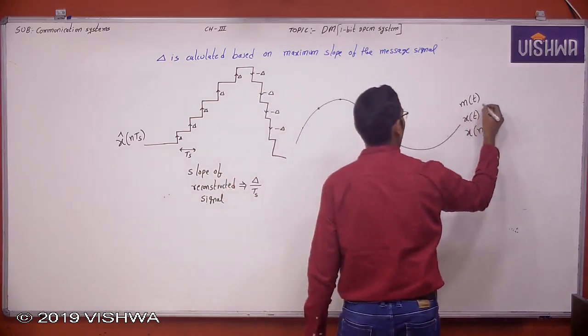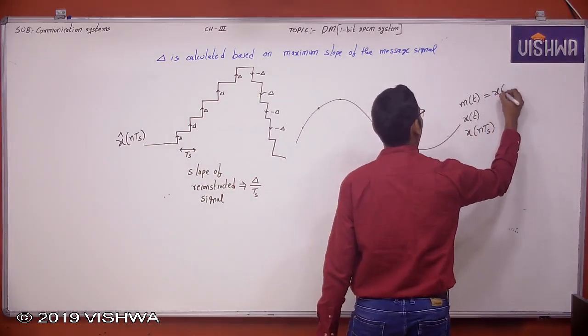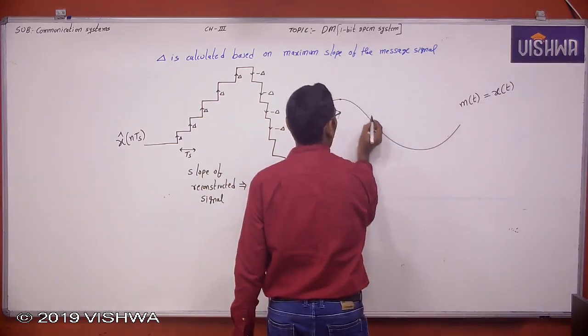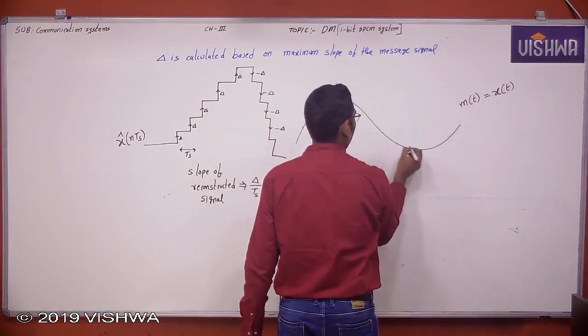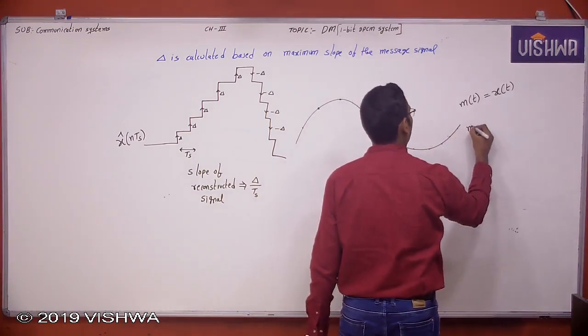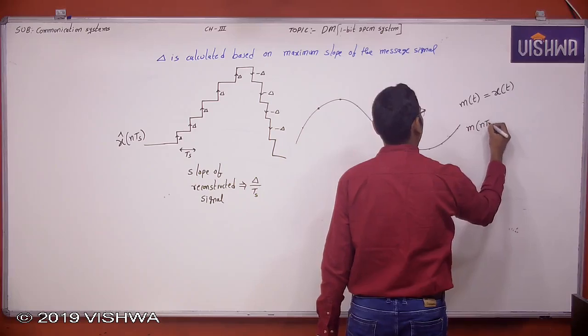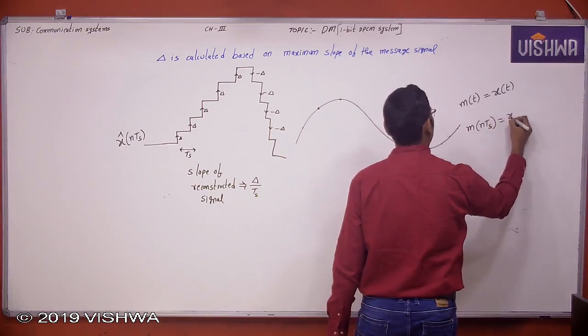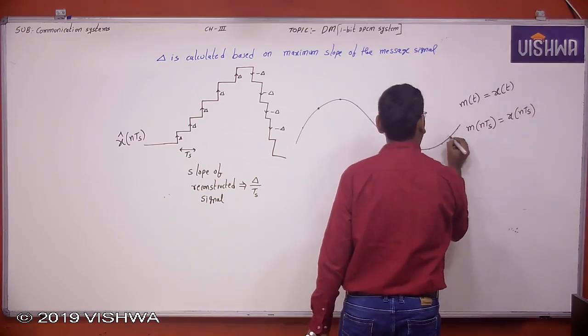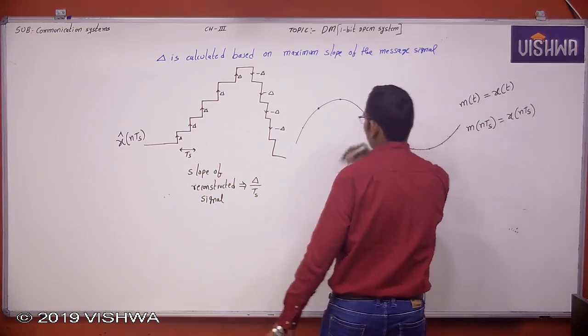This is m of t, which you can also call x of t. Now these are the samples, m of nTs or x of nTs, samples of this particular message signal.